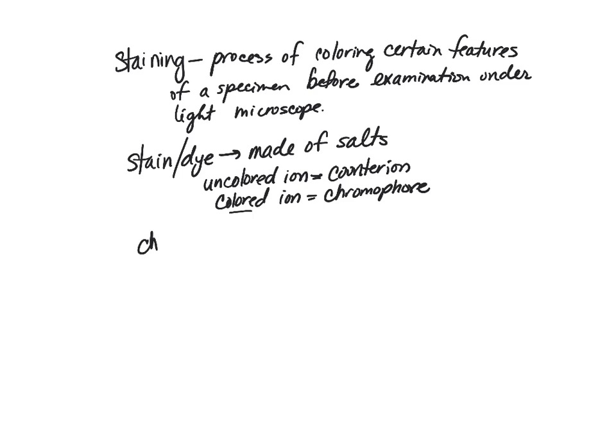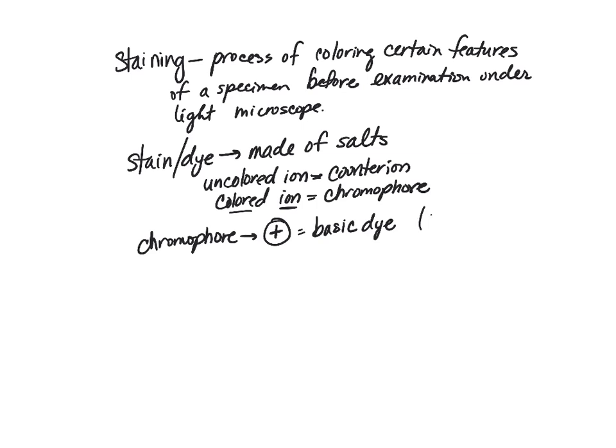So if the chromophore is positive, if it's a positively charged chromophore, so these are ions, right? Ions. So if it's a positively charged ion, positively charged chromophore, then we would call that a basic dye.